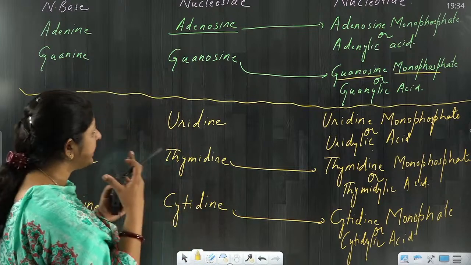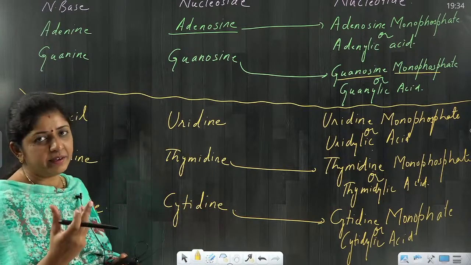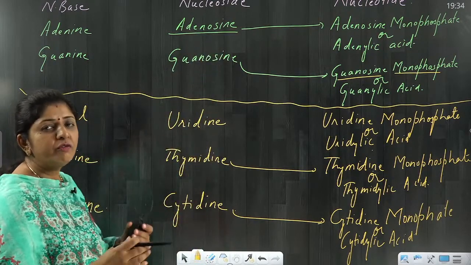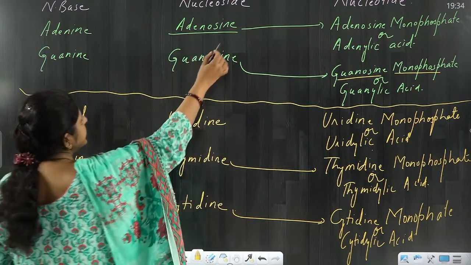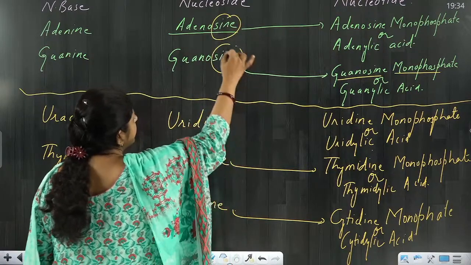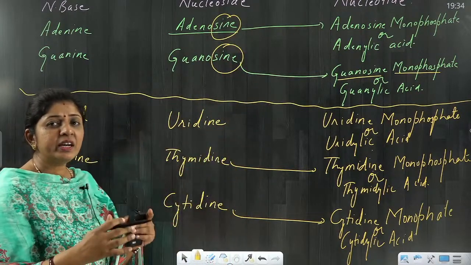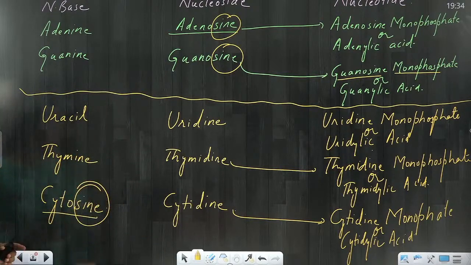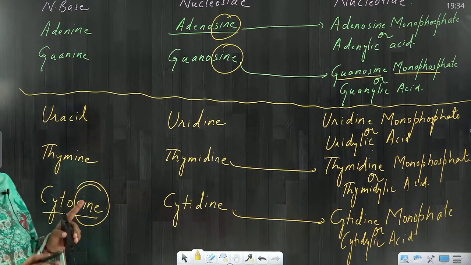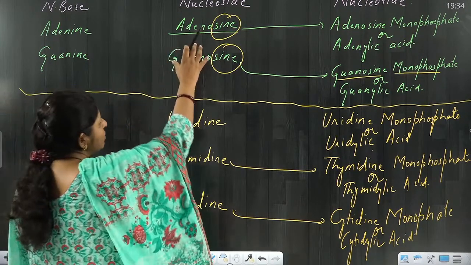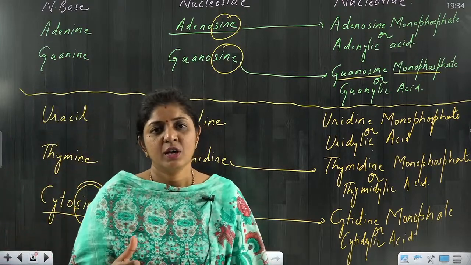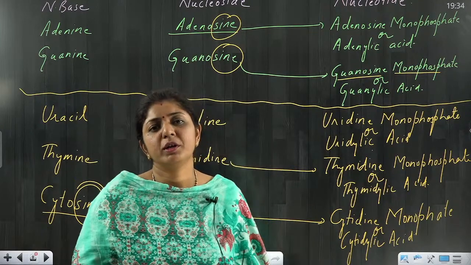And the interesting thing to know here is that when you see the nucleosides of the purines, can you see they end with the -sine? Students definitely get confused when they see this ending in -sine. What is cytosine? This is only a nitrogen base. And what are adenosine and guanosine? These are nucleosides. So you should be very careful about terminology.